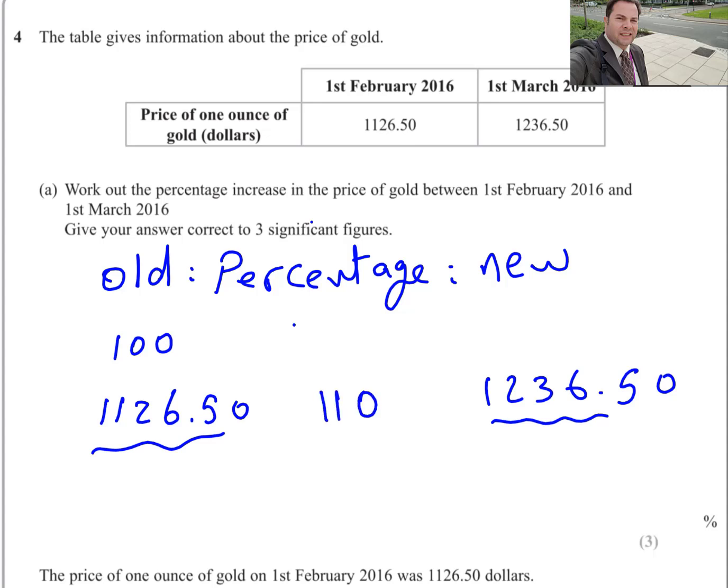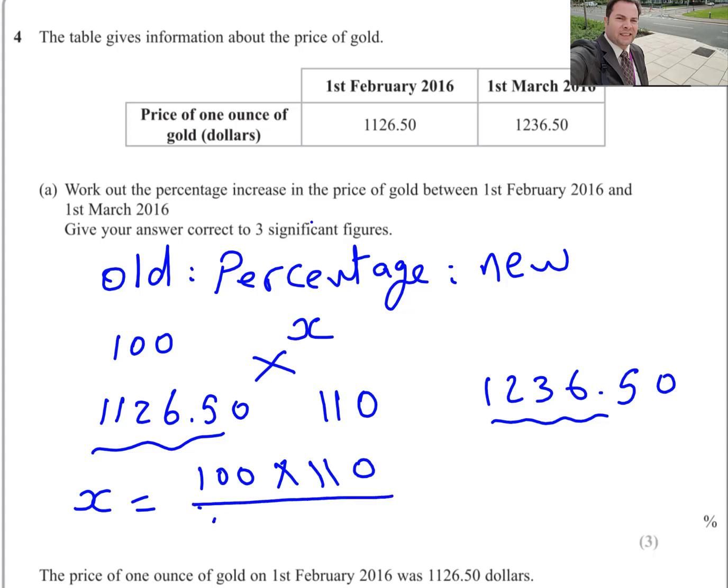So what is the percentage of increase? I name it x. How can I find x? By cross multiplication. So x is equal to 100 multiplied by 110 all divided by 1126.50.